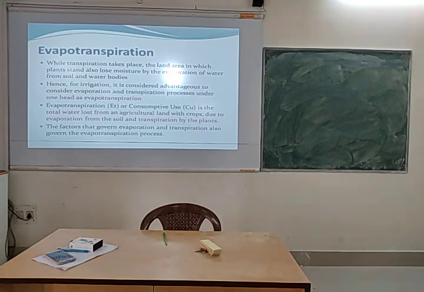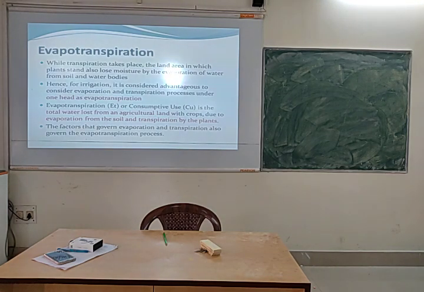Now basically we do not calculate, in a particular area where the trees are there, evaporation and transpiration separately, but combining those two we find one thing, that is called evapotranspiration.